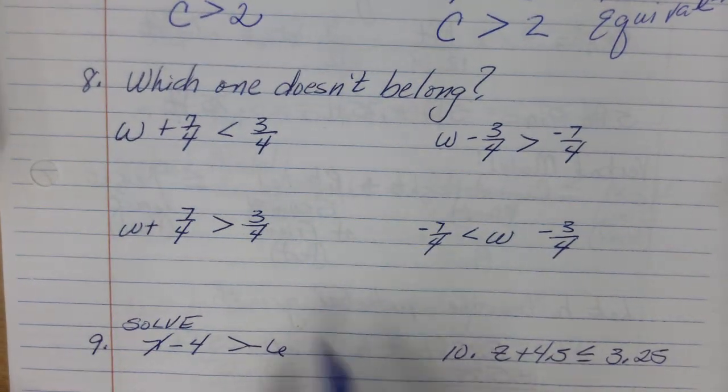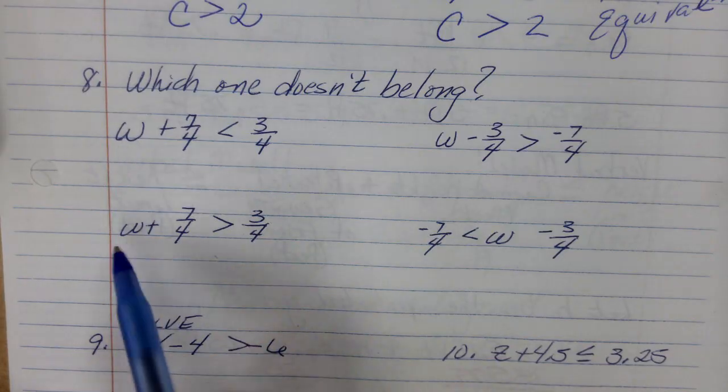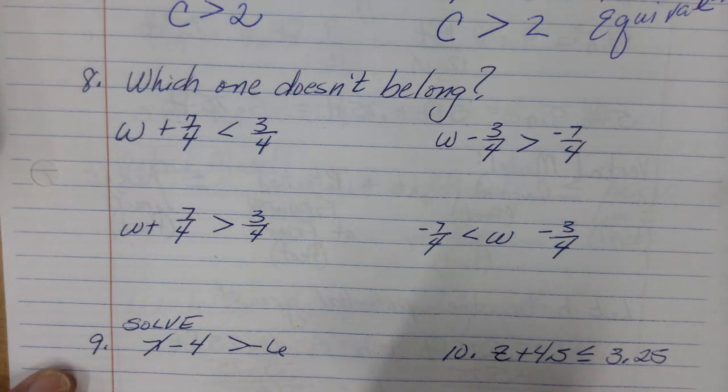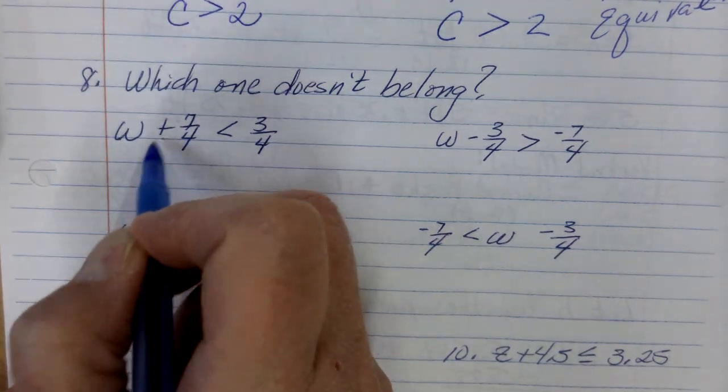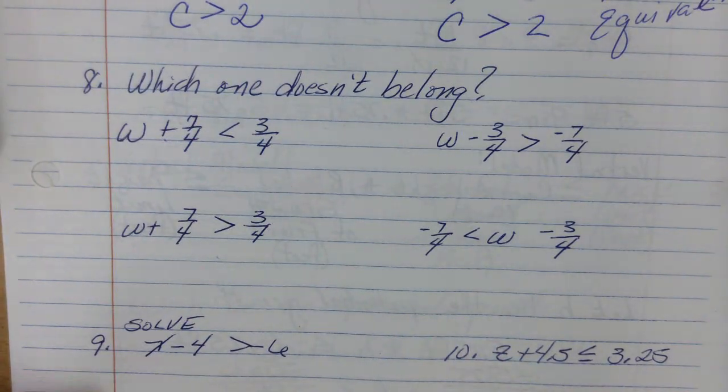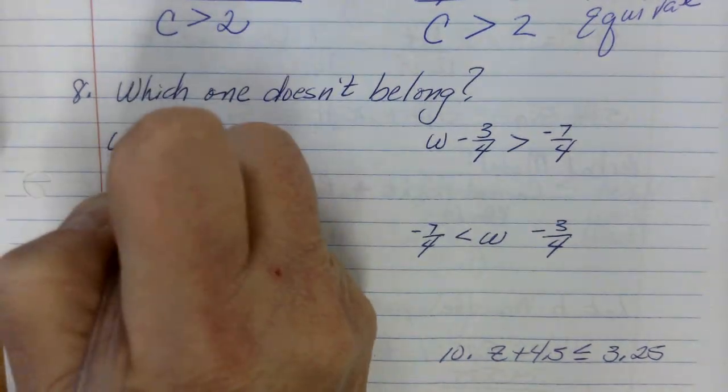Which one doesn't belong? So one of these equations does not have the same solution. Let's solve for w in all these cases, isolate the variable w, and see which ones match. This is addition, so we need to do the opposite. We need to subtract 7/4 from both sides.